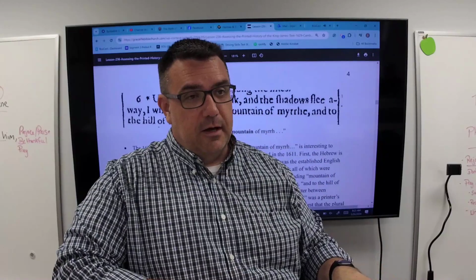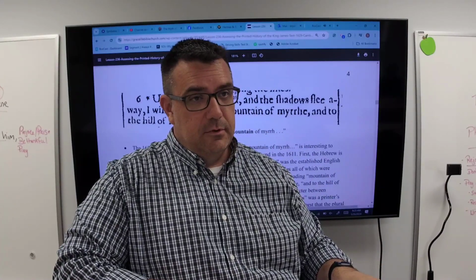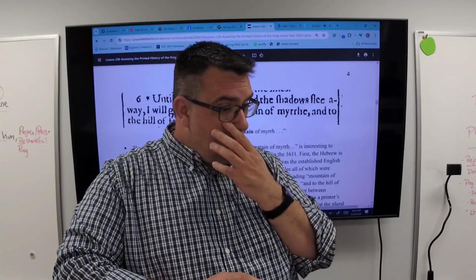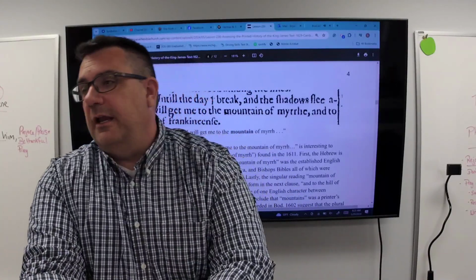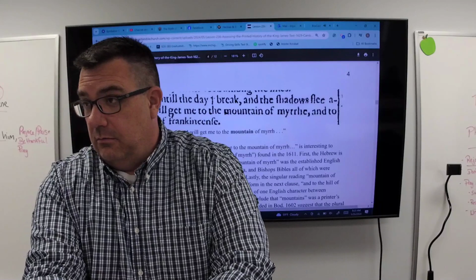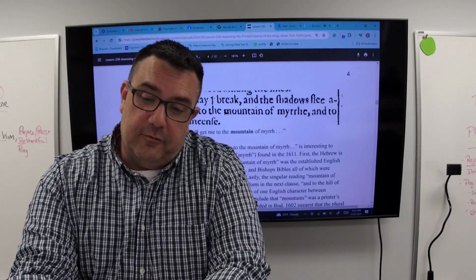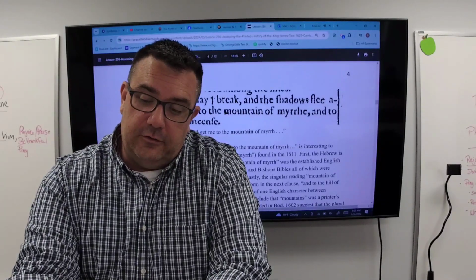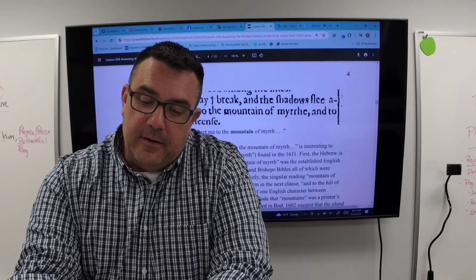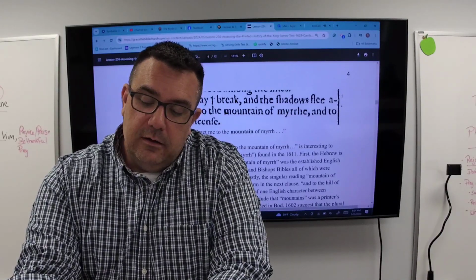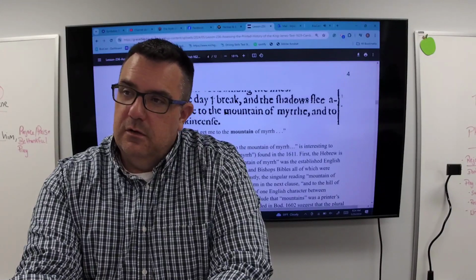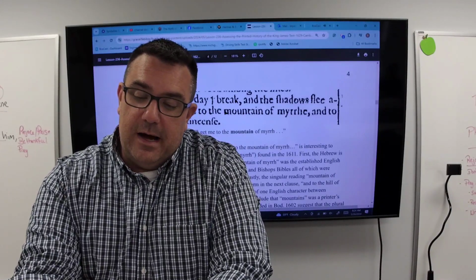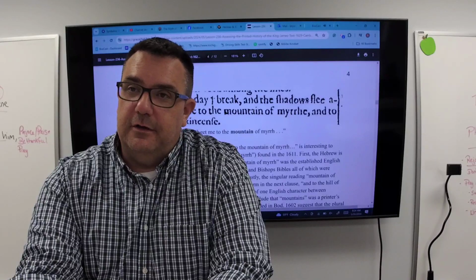We never did come on YouTube, did we? I don't think so. Okay. Song of Solomon chapter 4 verse 6. Notice, so you are reading a 1769 edition, right? Notice chapter 4, Song of Solomon chapter 4 verse 6. Until the day break and the shadows flee away. Now watch. And I will get me to the mountain what? Singular. To the mountain of myrrh and to the hill of frankincense.